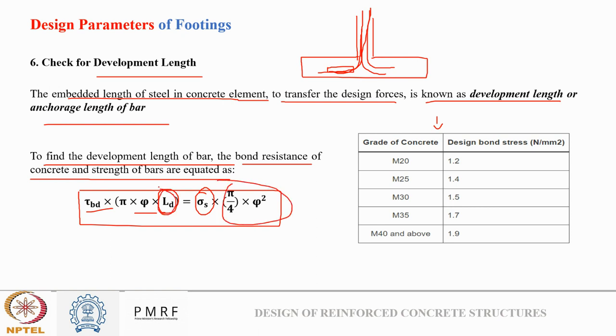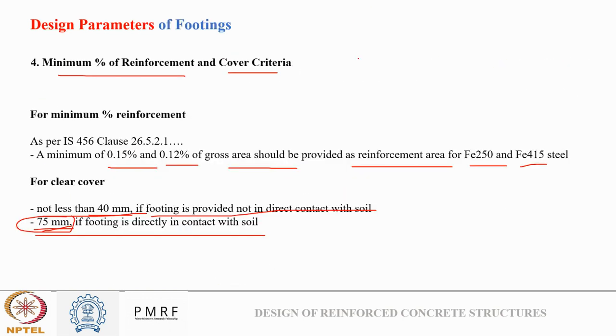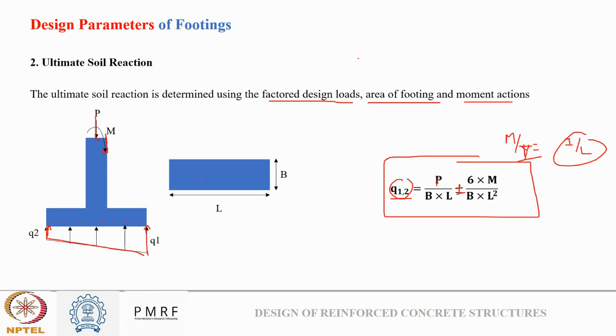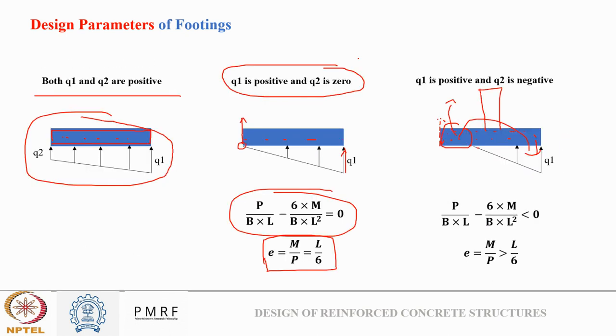Based on this criterion, we get the development length, the minimum length that we need to provide for load transfer to occur. When we do the numerical, you will get more clarity on how this length comes up. I hope everyone is clear with all the six parameters. The first parameter was the area of footing. Second was ultimate soil reaction, in which we'll check for these three cases.